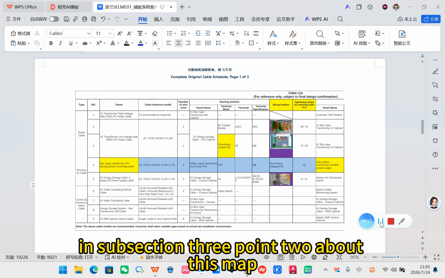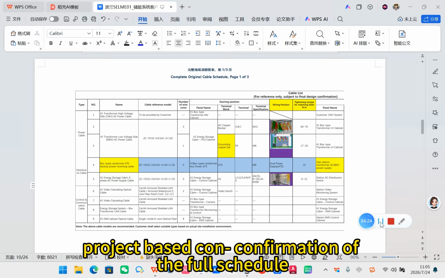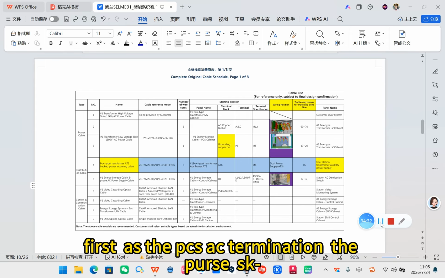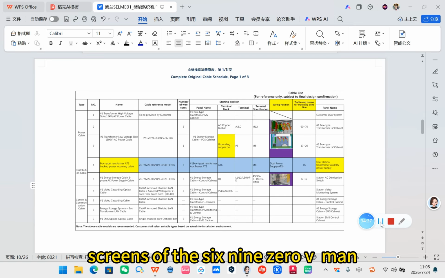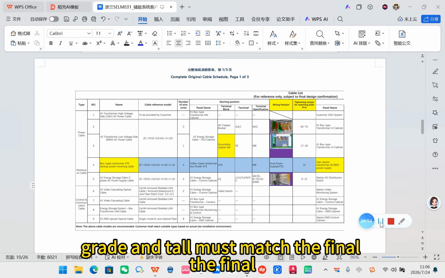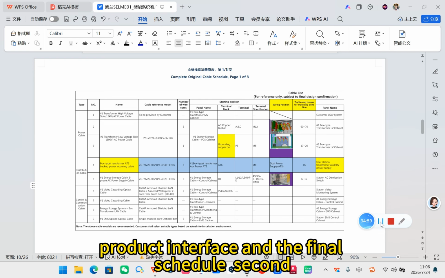In subsection 3.2 about this map, project-based confirmation of the full schedule. 2 key reminders, please. First, at the PCS AC termination, the phase screens of the 690V main circuit, parallel cable current sharing, lug aperture, bolt grade and torque must match the final product interface and the final schedule.